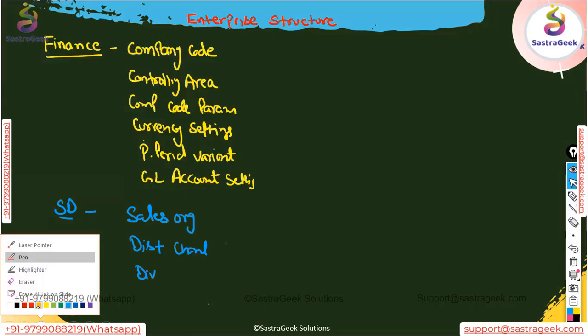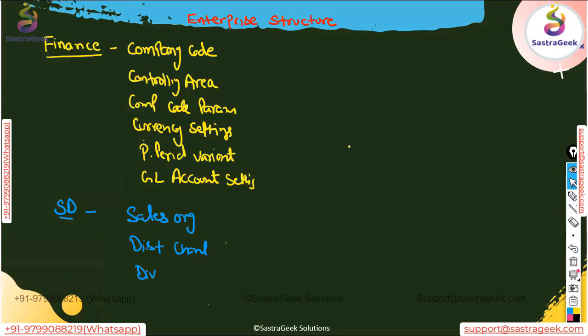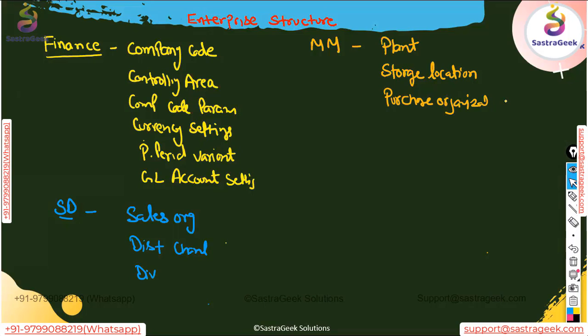From the procurement or MM side, you need to set up plant, storage location, then your purchase organization, and the ML part would be common.